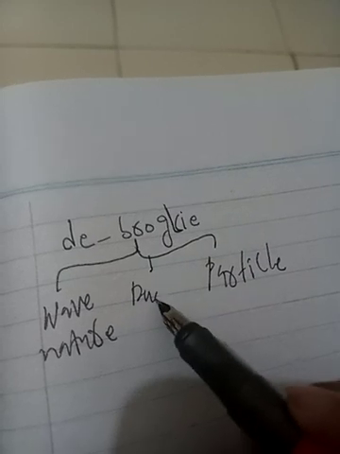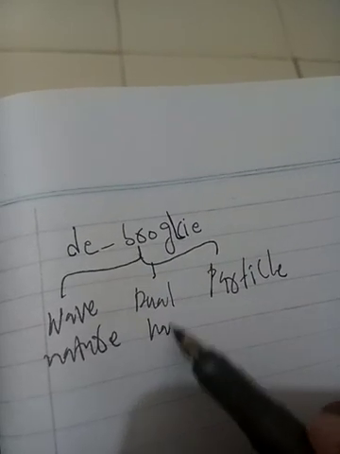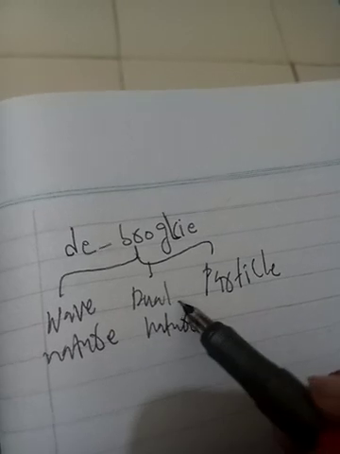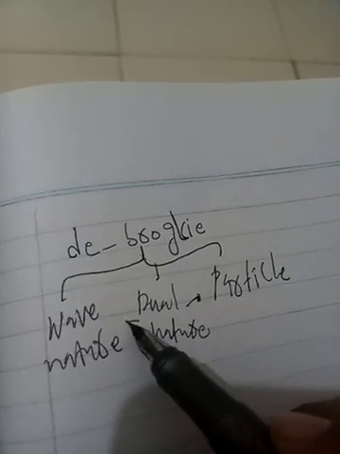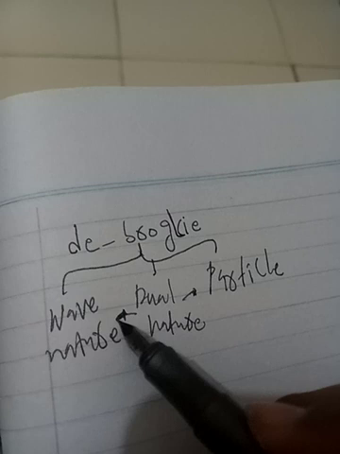It was said by de Broglie that a dual nature particle has a particle nature as well as a wave nature.